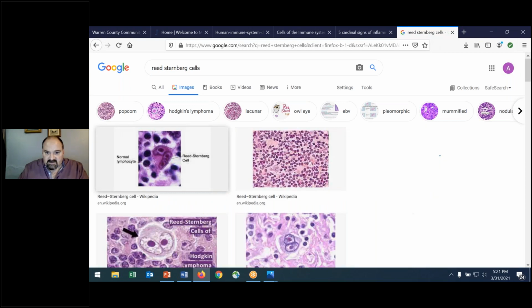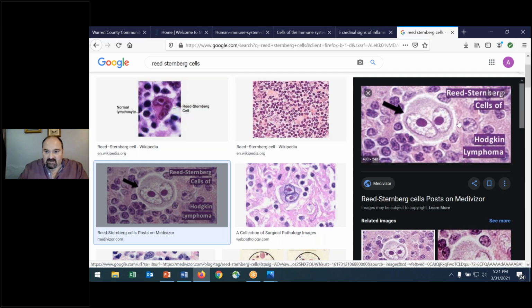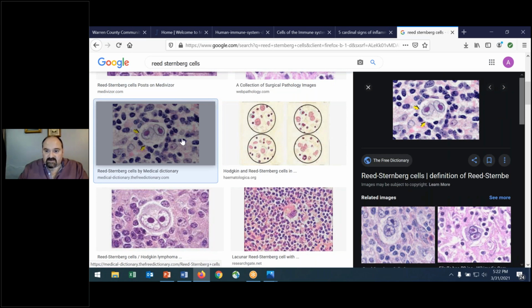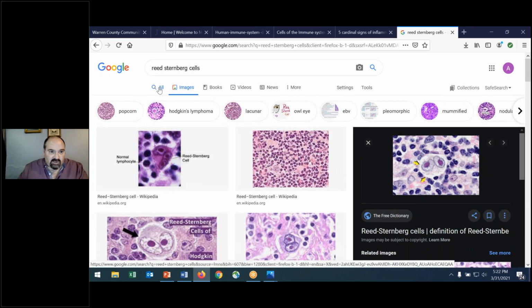So here we have these Reed-Sternberg cells. Here's a normal lymphocyte. You see here these Reed-Sternberg cells, double nuclei and such. There we go. They're very distinct as far as their presence and their look.